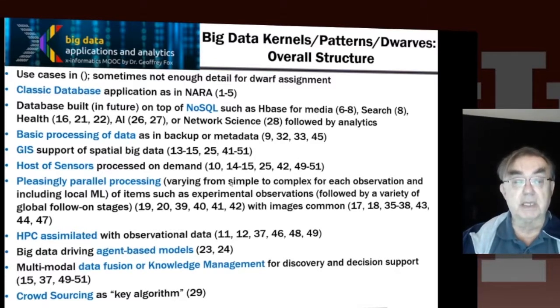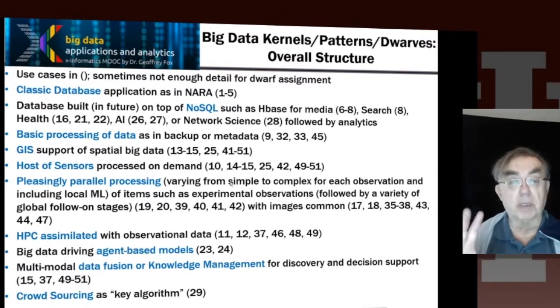As we'll discuss a little later on, NoSQL is going to be very important, and databases built on NoSQL are growing in importance. So HBase is an important technology here. And then we found media applications, search applications, health applications, artificial intelligence, and network science, all of which wanted to use NoSQL to store their data.